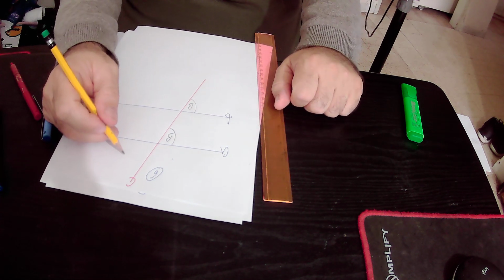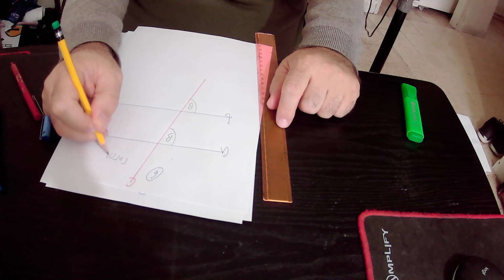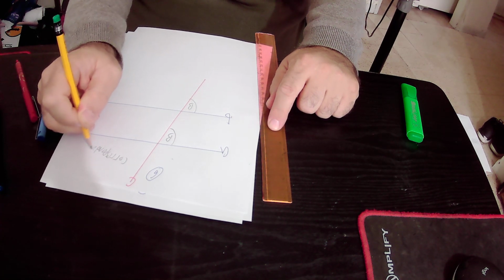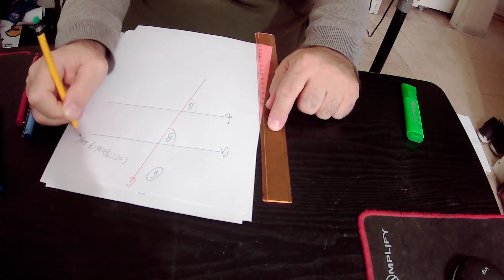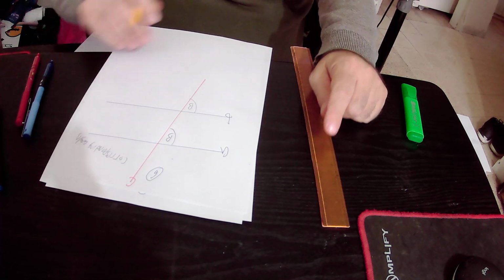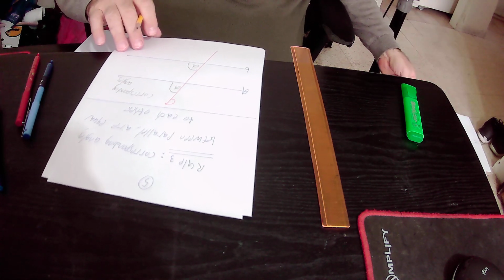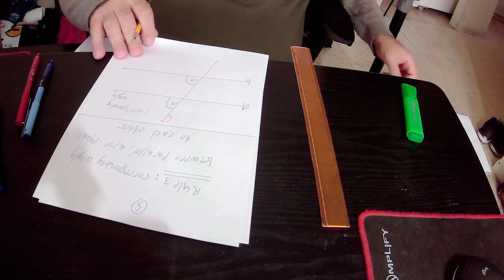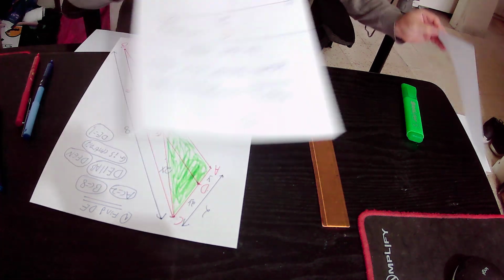So they are also corresponding angles that are equal to each other, according to rule number 3. Okay?